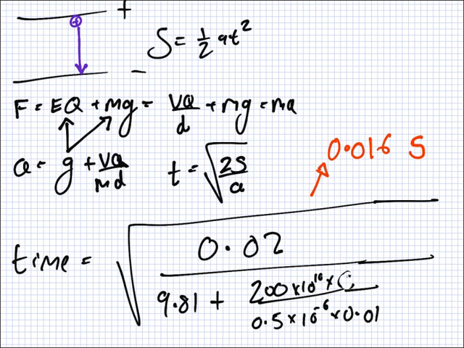E is 1.602 times 10 to the power of minus 19. At least I didn't get a syntax error this time.